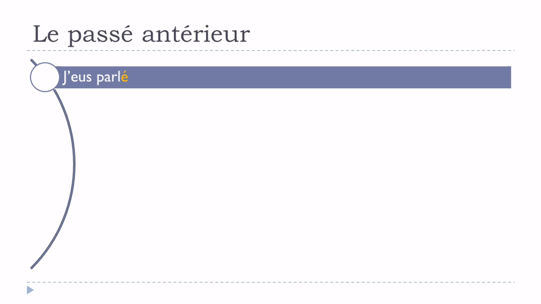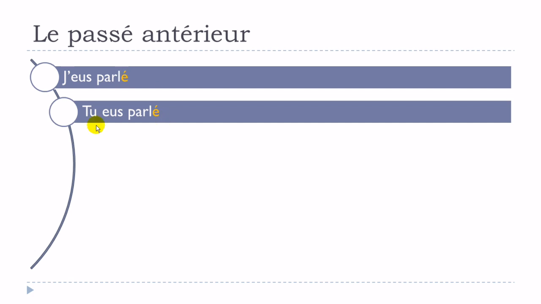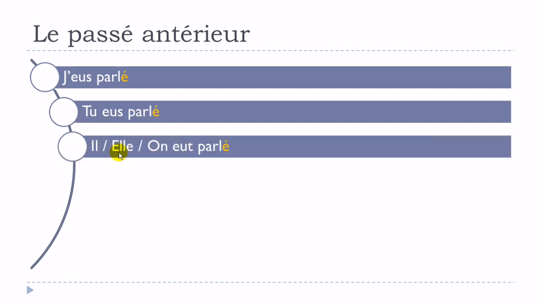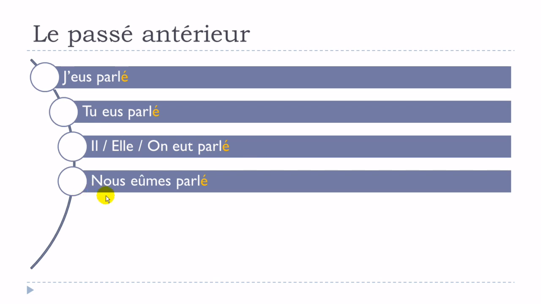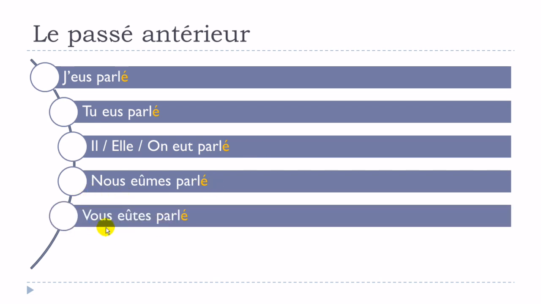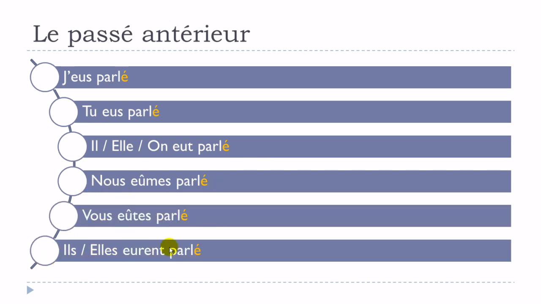A few examples now. I will conjugate the verb parler at the passé antérieur form, and you will get j'eus parlé, tu eus parlé, il eut parlé, elle eut parlé, on eut parlé, nous eûmes parlé, vous eûtes parlé, ils eurent parlé, elles eurent parlé. Okay, so you can see that we've got our participe passé that will end with é.